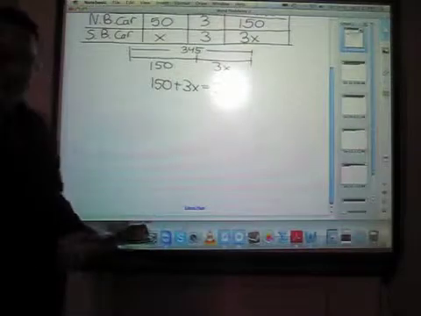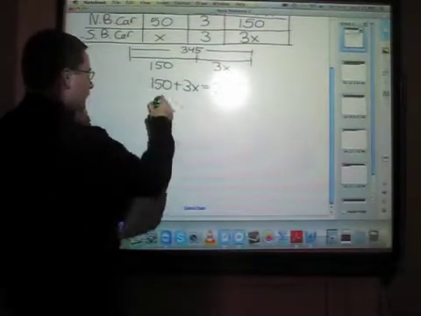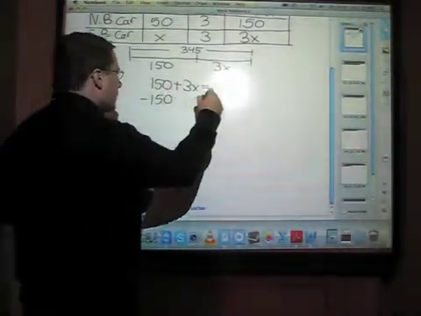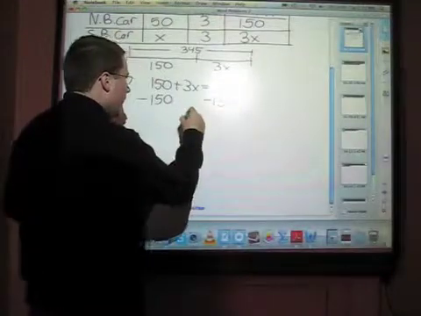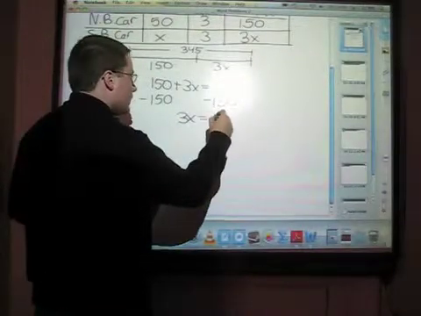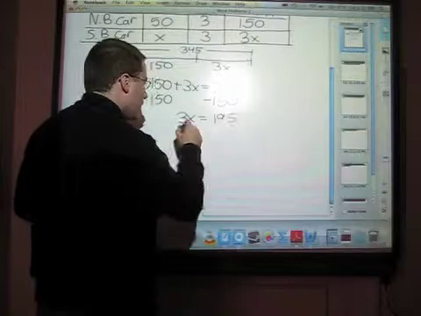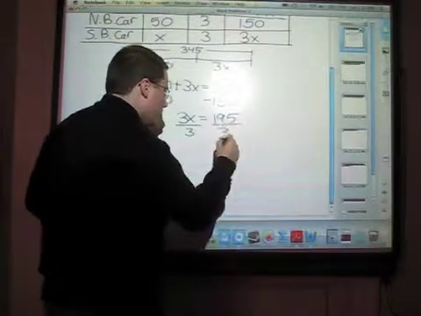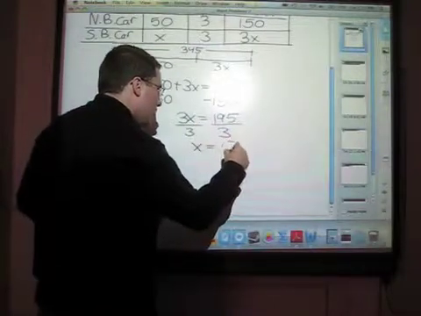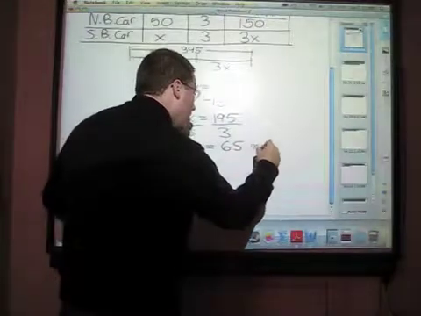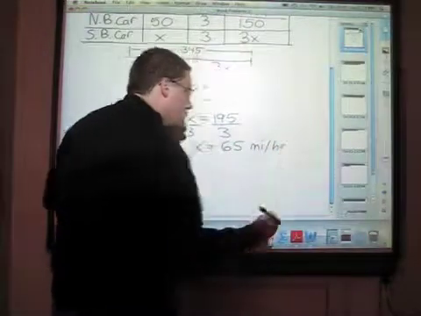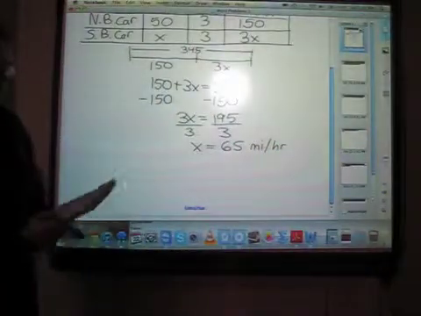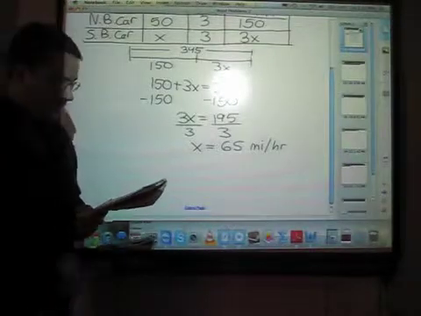And that is a very simple equation to solve. Subtract 150. We get 3x equals 195. Divide by 3. And x equals 65 miles per hour, or mph. So that is how fast the southbound car is going.